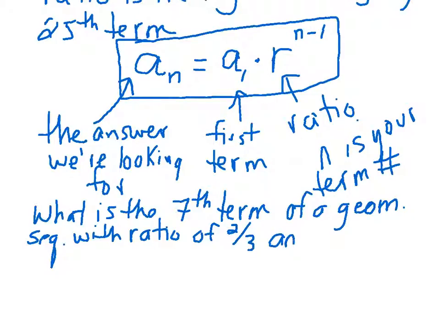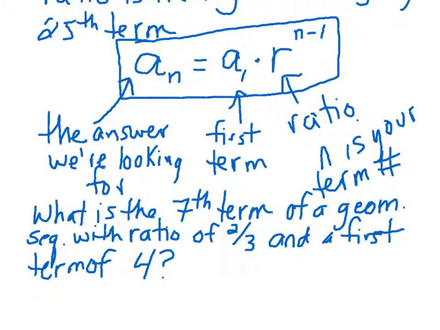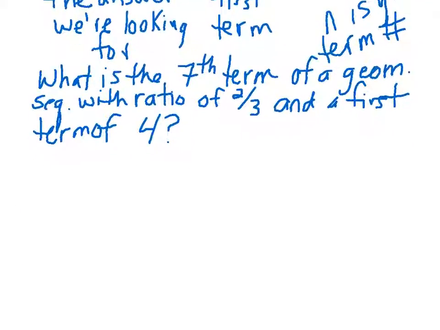And a first term of 4. Alright. What is the 7th term of a geometric sequence with a ratio of 2/3 and a first term of 4? Scroll it up a little so I have a little more room.